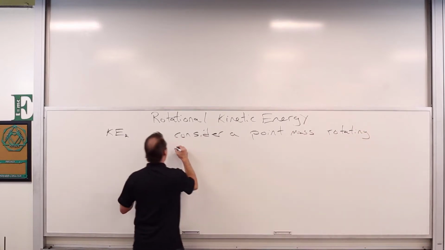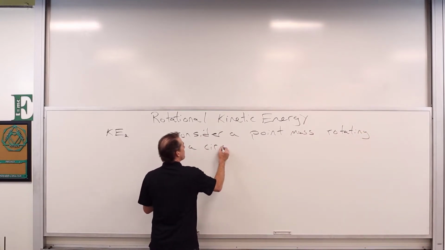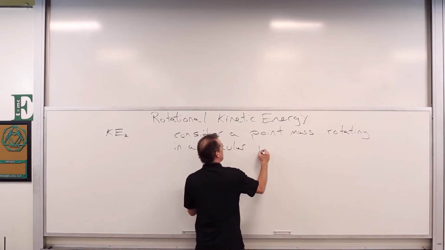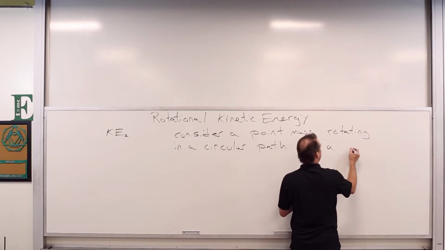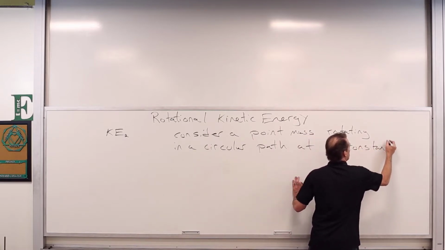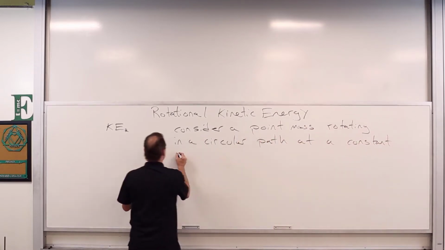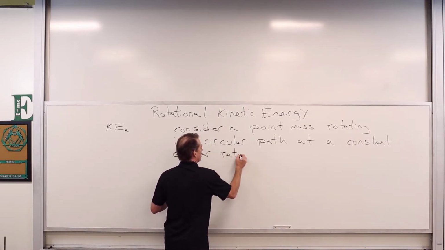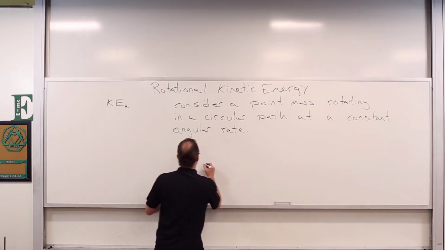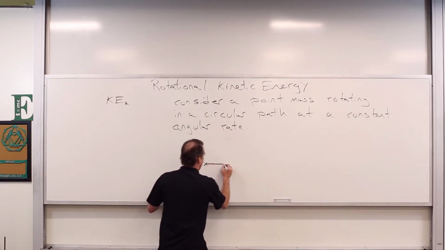So consider a point mass rotating in a circular path at a constant angular rate. We can just have some little axis of rotation.